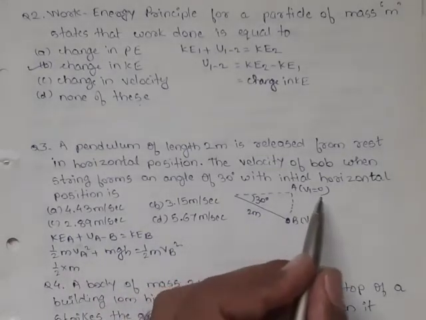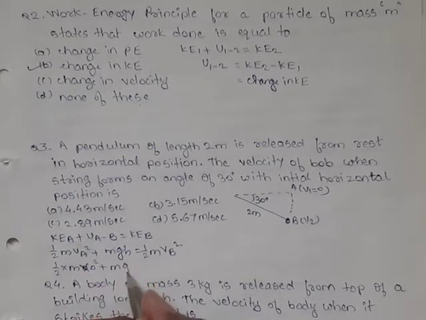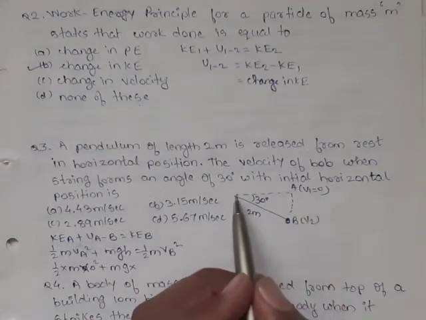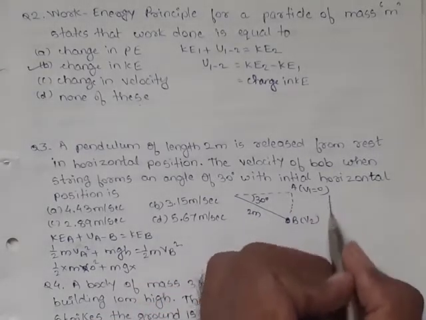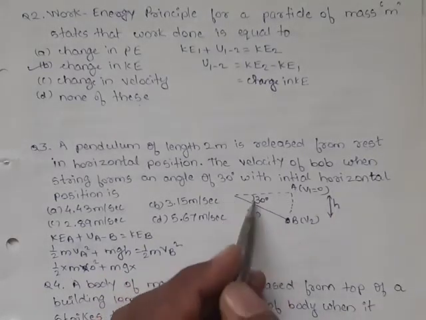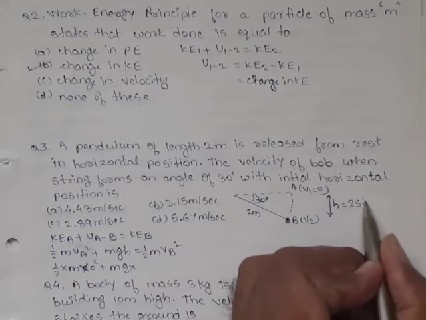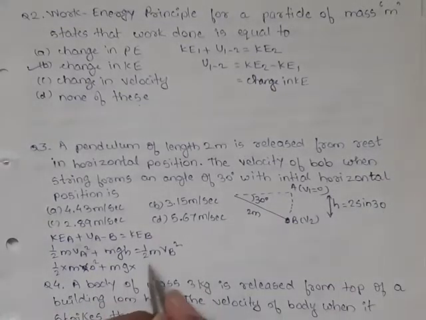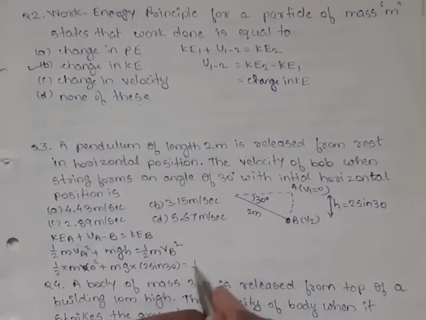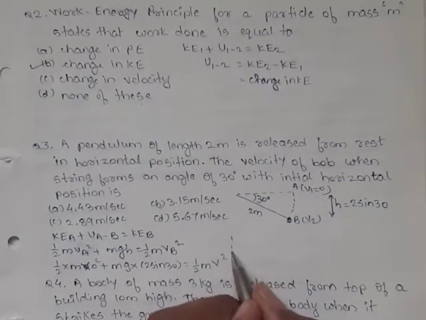At point A the velocity is 0. Here h is the height between points A and B. The length is 2 meter and the angle is 30, so this component h is 2 sine 30. So mgh with h equal to 2 sine 30 equals 1 half m V square. You want the value of this V.